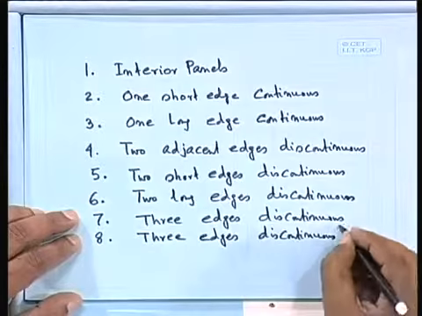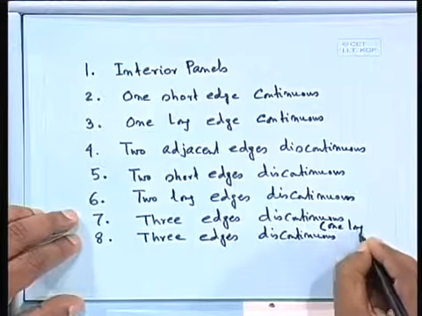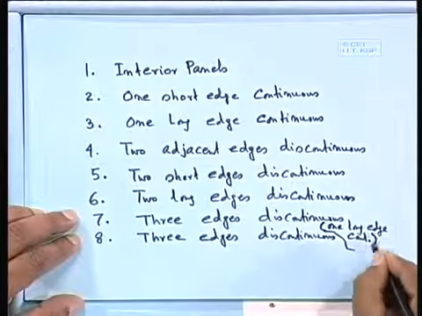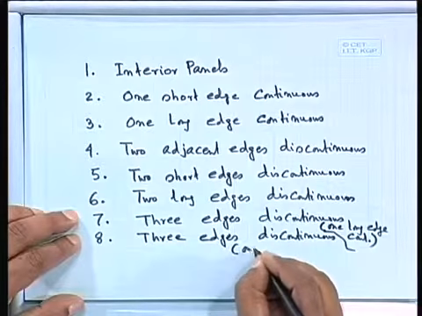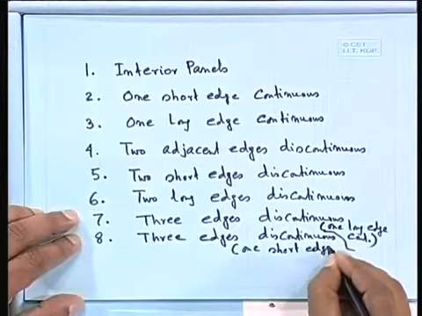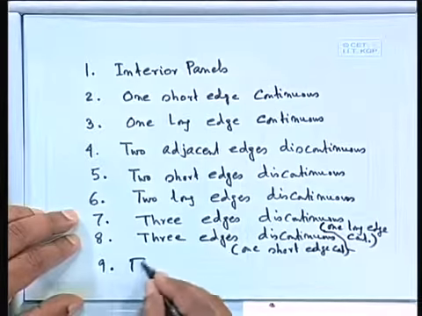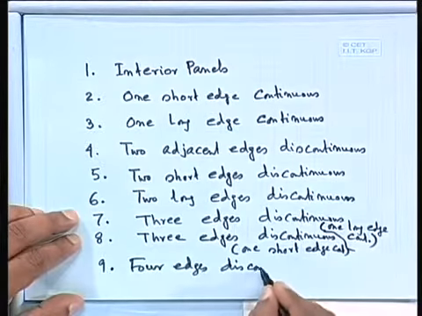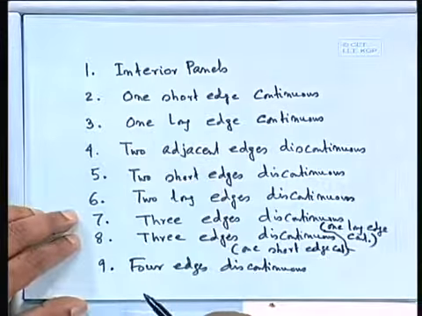In the first one, number 7, one long edge is continuous, whereas in this case one short edge is continuous. That is possible. And number 9, 4 edges discontinuous.